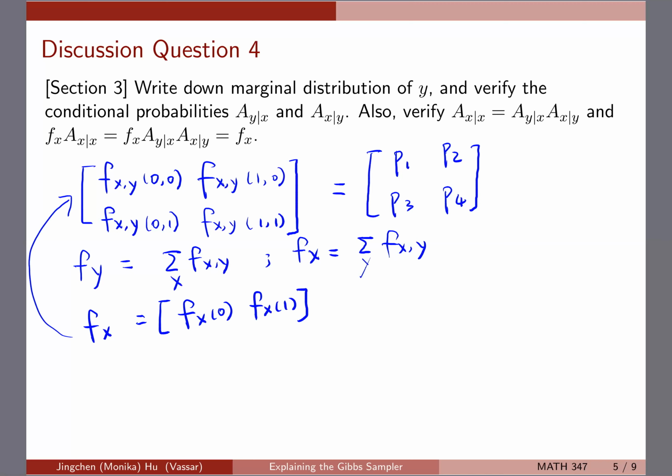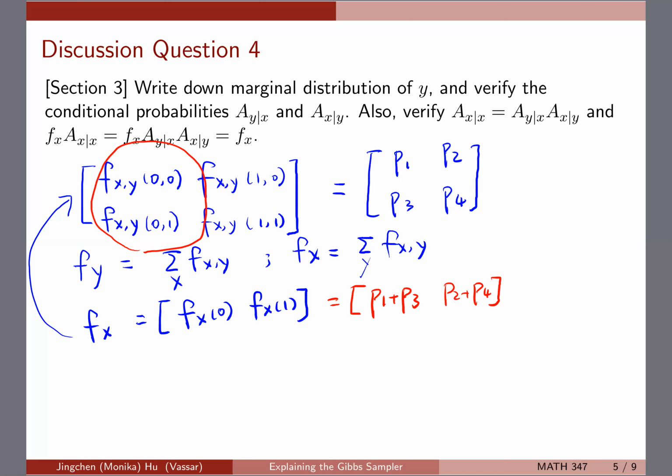So what should be f(x=0)? I should be looking at this column, so it's going to be P1 plus P3. And then the other one, f(x=1), will be the second column, P2 plus P4.